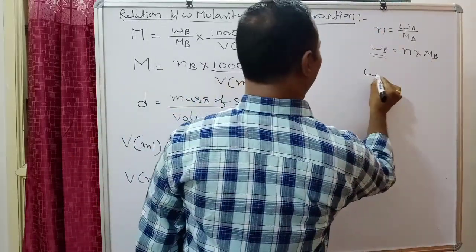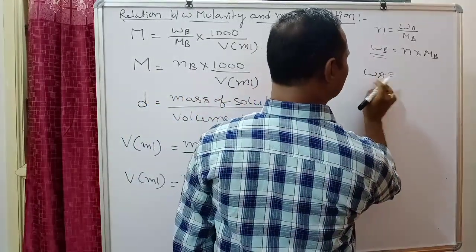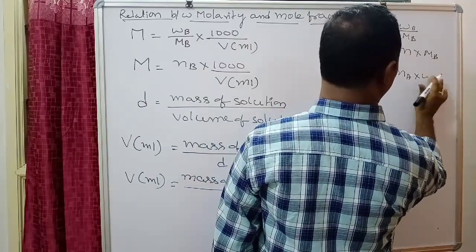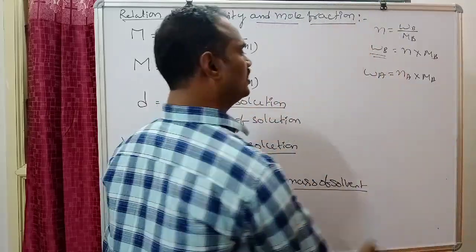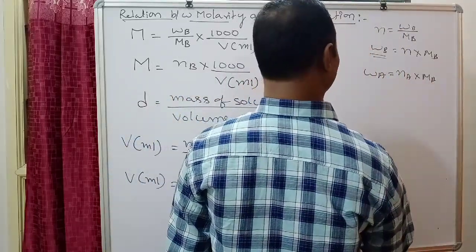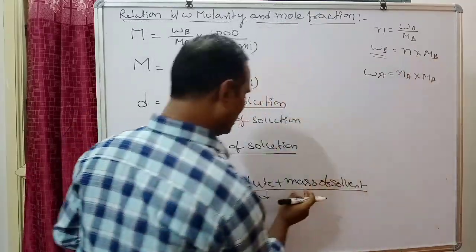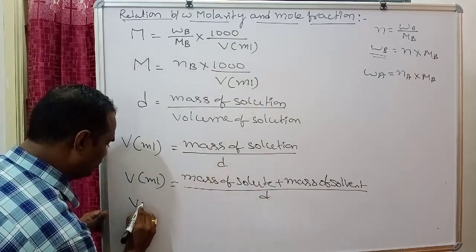In the same way, mass of solvent is equal to number of moles of solvent into its solvent molar mass. Is it clear? In the place of mass of solute, we can write this part, and for mass of solvent we write this one.